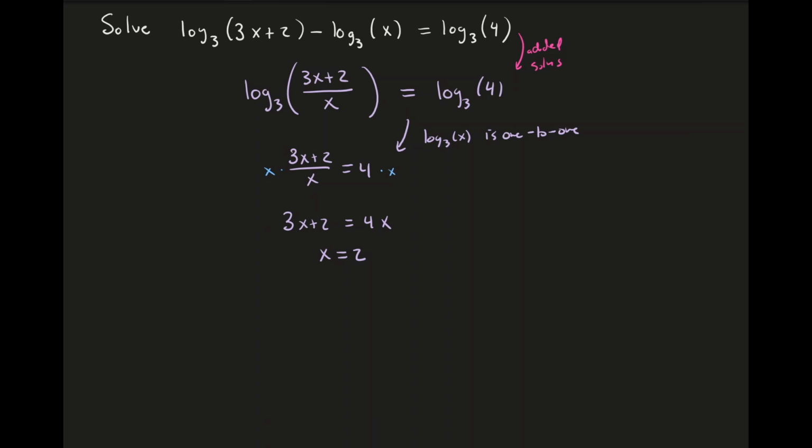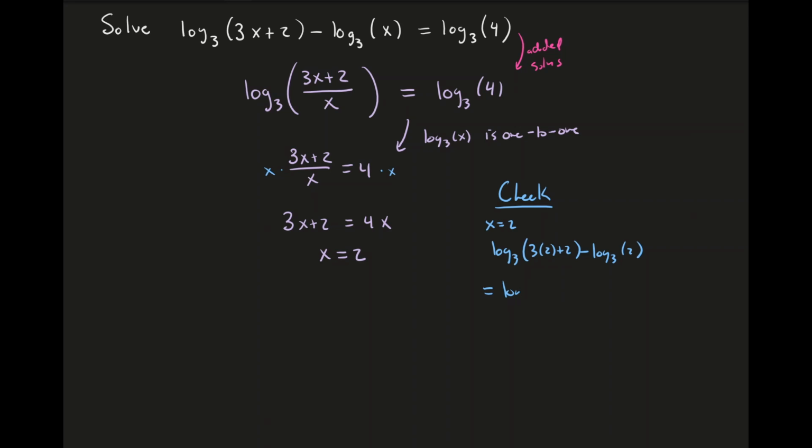Now, we could have added a solution. This may have no solutions at all, so we have to check. Checking x is equal to 2, we get log base 3 of 3 times 2 plus 2 minus log base 3 of 2. What we should be getting is log base 3 of 4.